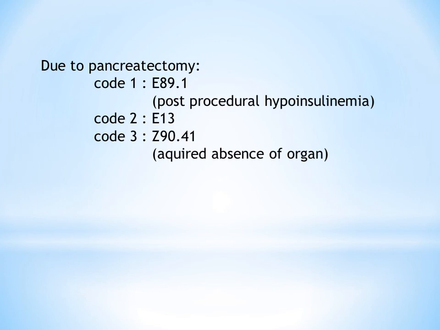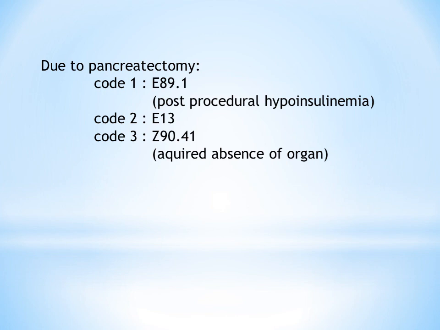So next one is diabetes mellitus due to pancreatectomy. So what is pancreatectomy? It is the surgical removal of pancreas. So definitely if the pancreas is surgically removed, then there is no insulin production and therefore there will not be sufficient insulin to compensate for our glucose production. So the glucose level in blood will be increased. In this case also, diabetes mellitus can occur as a result of pancreatectomy.